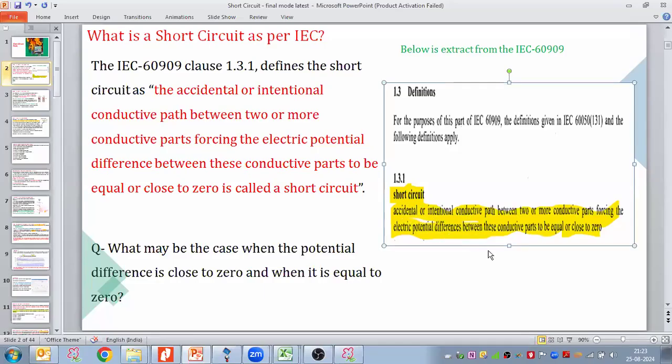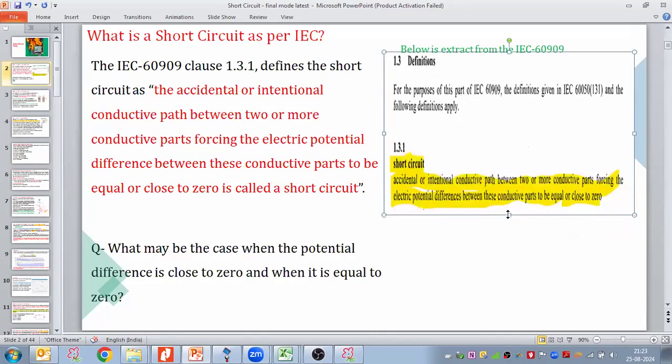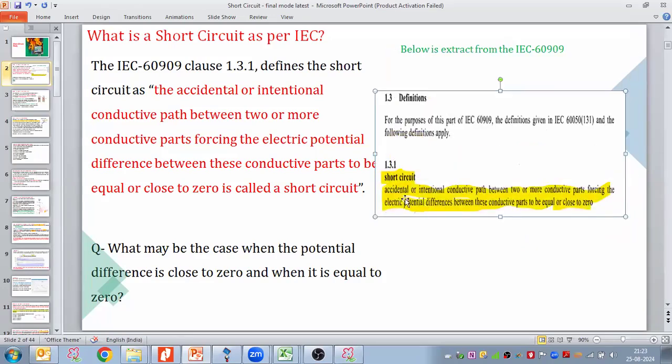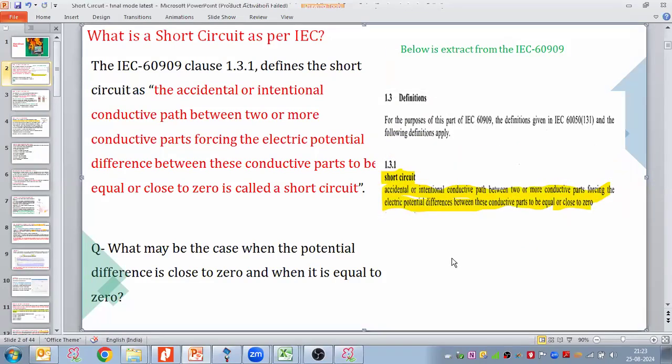IEC defines the short circuit as an accidental or intentional conductive path. It could be accidental, or it could be intentional, for example when we are doing testing in the laboratory.